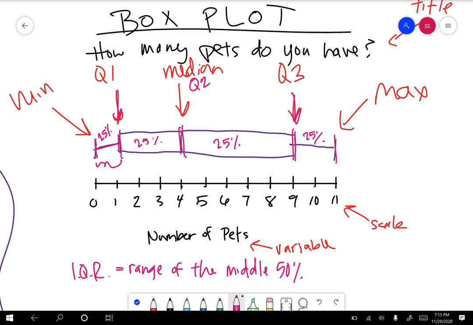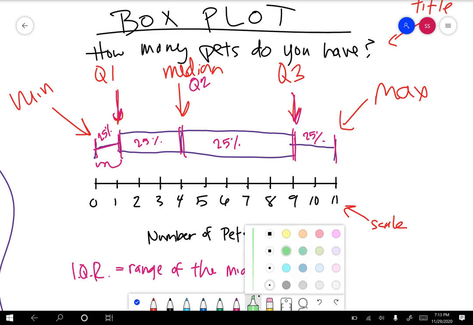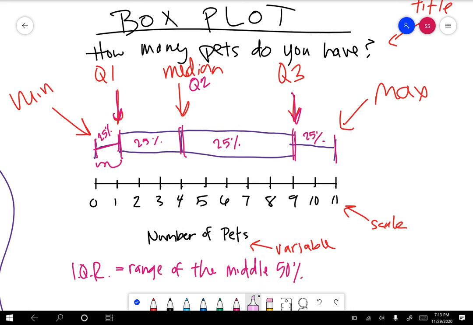So if we were to look at our box plot up here, and I asked you, where's the middle 50%? Well, we know that 25 plus 25 is 50. So the actual box part of your box plot is going to be 50% of your data. So your interquartile range is basically saying what's the difference between your Q3 and your Q1.